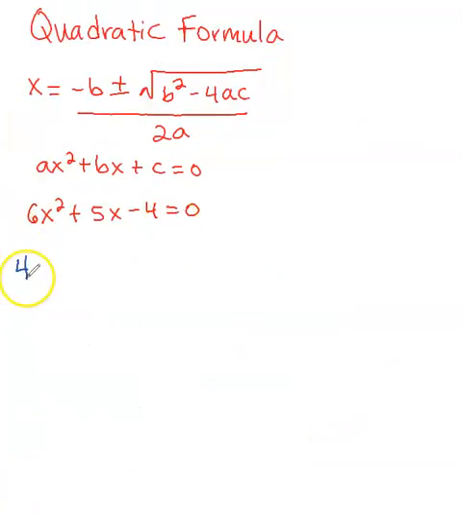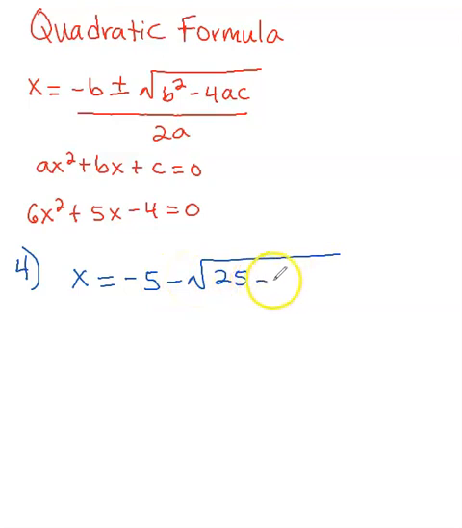So, step 4, which I'm going to do here, will be, now we have x is equal to negative 5 minus just 25 minus negative 96 over 12.